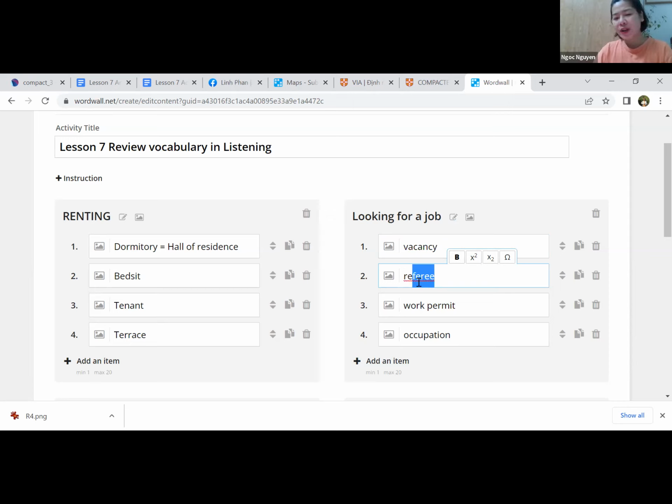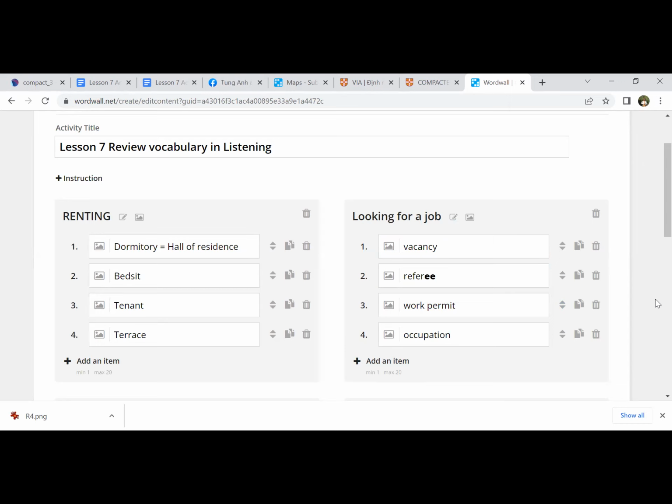Referee, and this is a weird word because the stress is actually on the last syllable, referee. I know that the verb is refer, but the noun form is referee. And what does it mean? I think it is a person in a football match who will judge or give the decision. Yeah, that's another context.